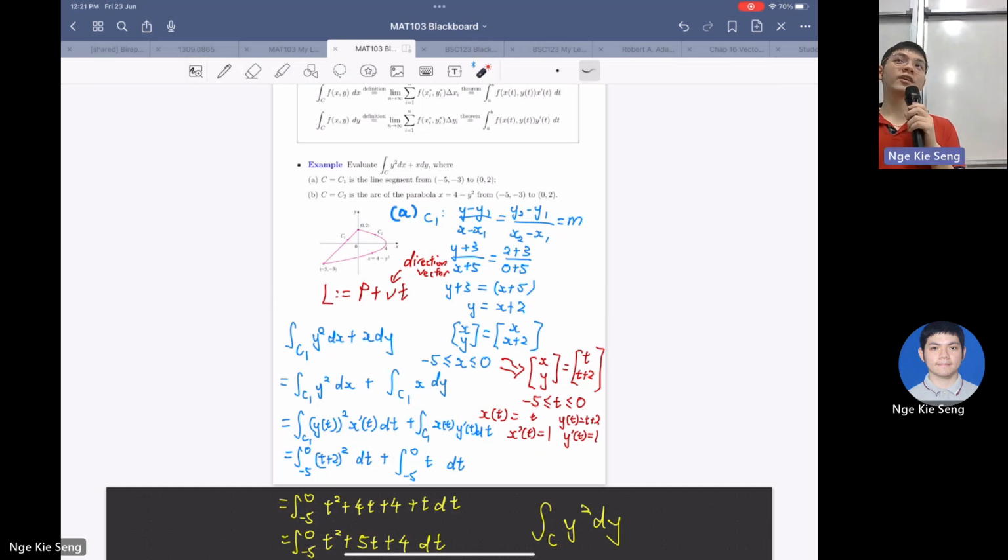Why do you want to do that? Remember that when you do this, this is the area of some curtain. So it's like when you do the usual area, okay, I don't want to say area. So you could get a negative value.